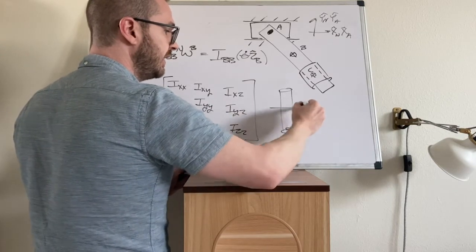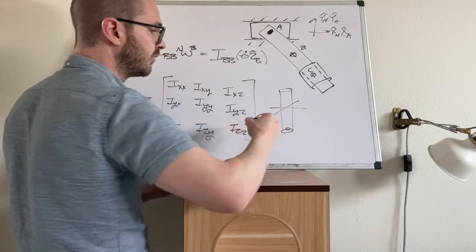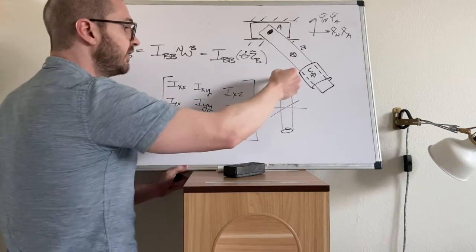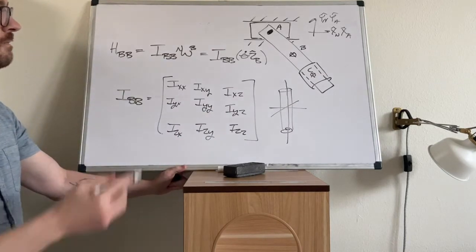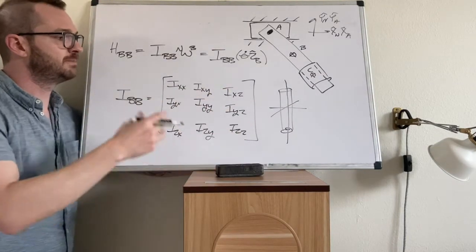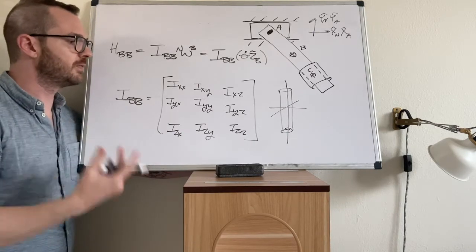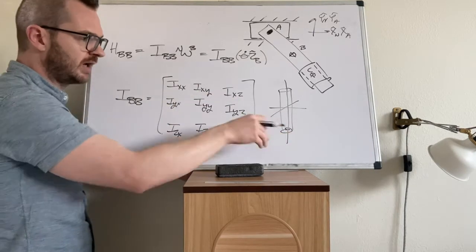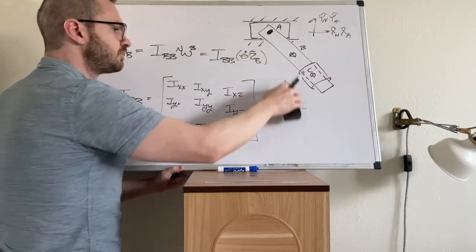If we cut it in this direction, it's symmetric on both sides. If I cut it in this direction, it's symmetric on both sides. And if I cut it in this direction, it is symmetric on both sides. Same story with a perfect cube, with a perfect sphere, etc. With most generalized geometric shapes, you have these multiple axes of symmetry.